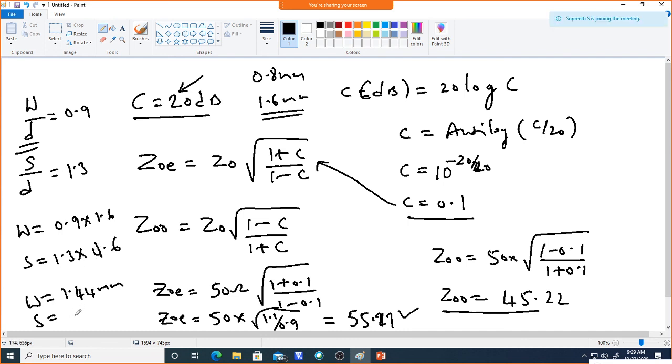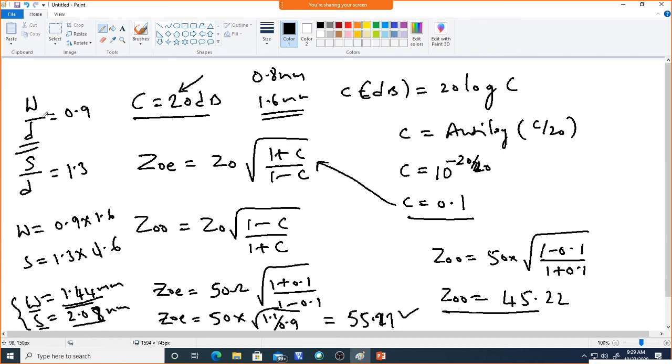So what is the value? 2.08. 2.08 mm. Is 1.44 correct? Yes, sir. Okay, so for these W and S values, you need to design a coupler.